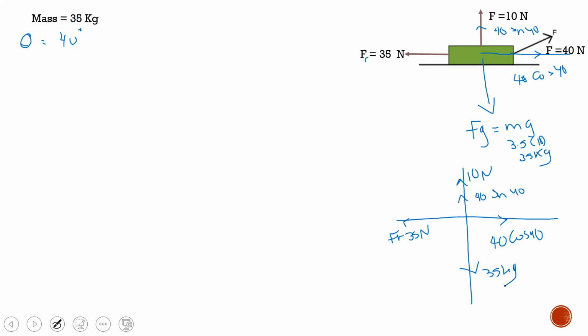Then after that, I want to find the acceleration of this block here. To find the acceleration, we will use Newton's second law.